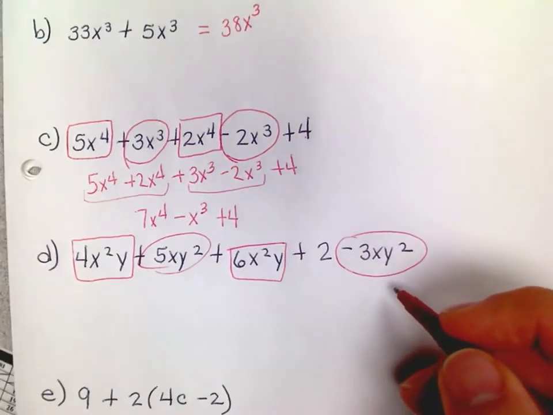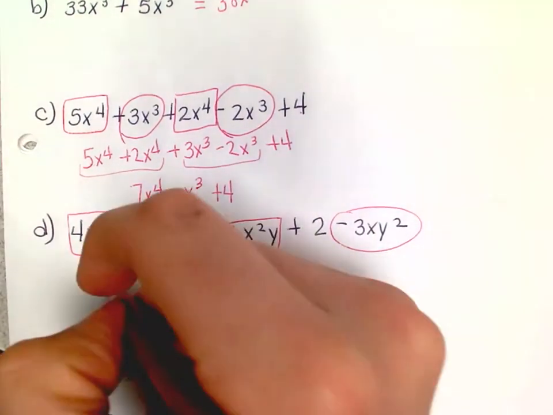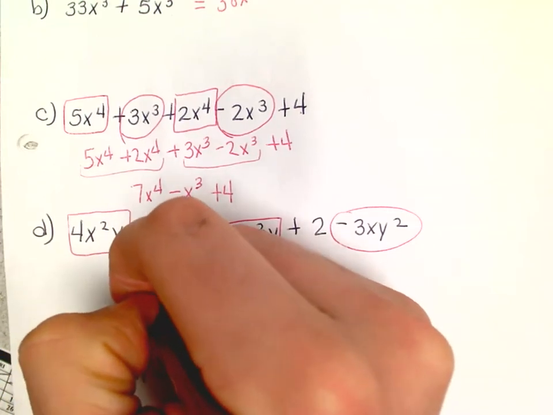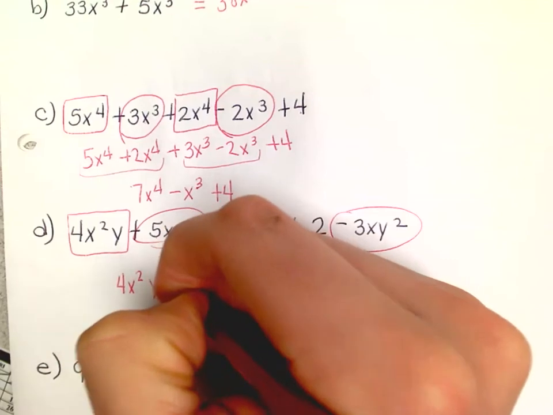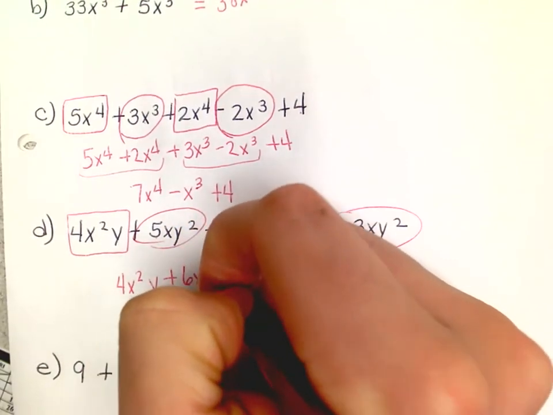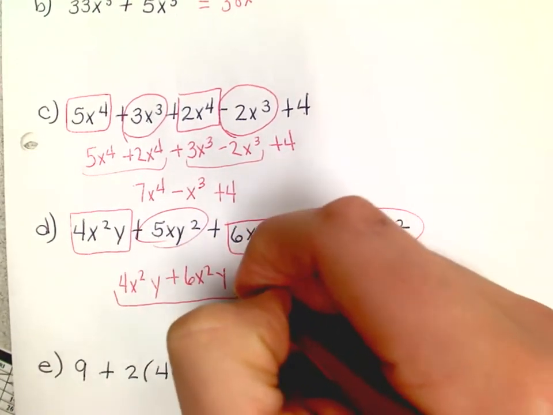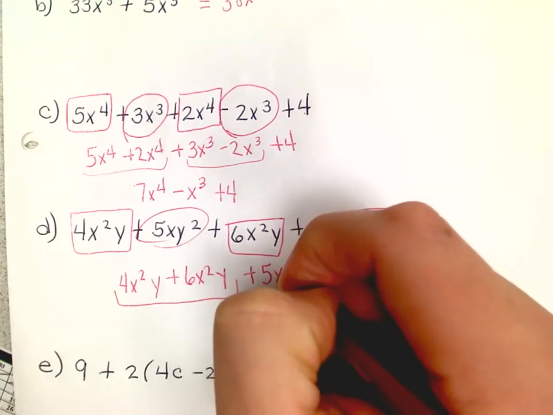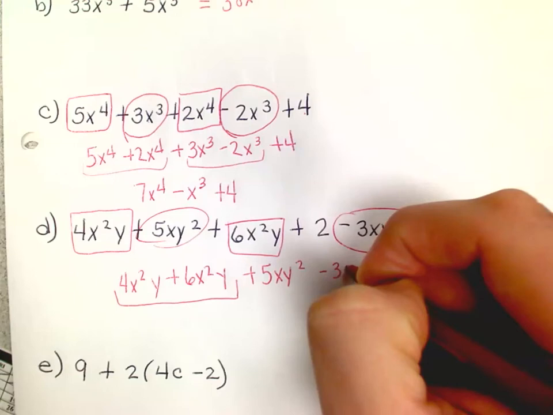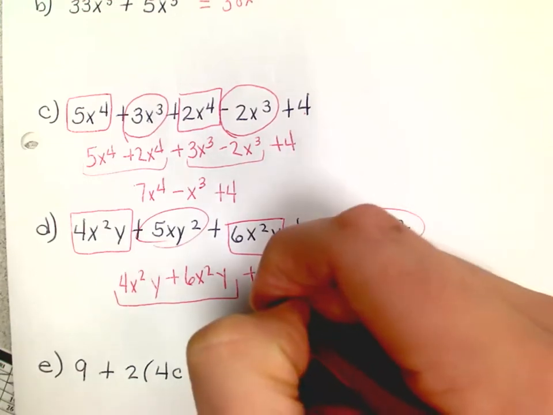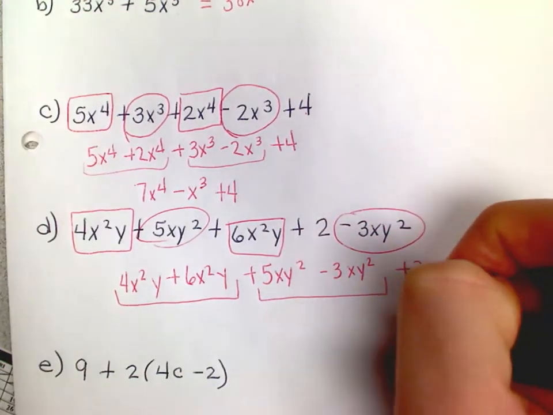So let's bring these new terms together because they are similar. 4x squared y plus 6x squared y plus 5x y squared minus 3x y squared plus 2.